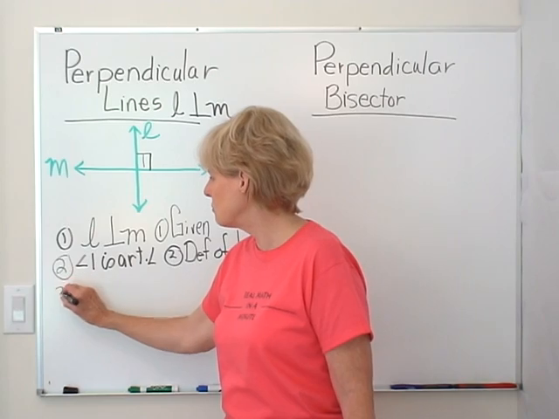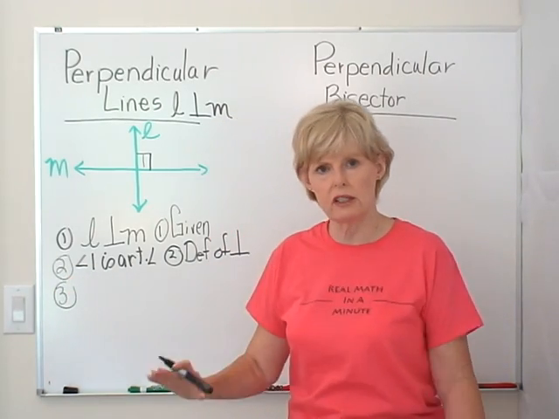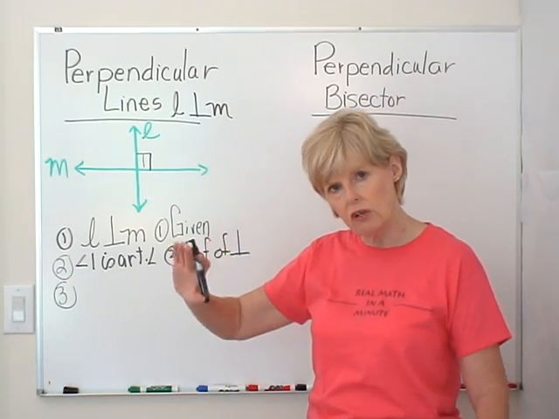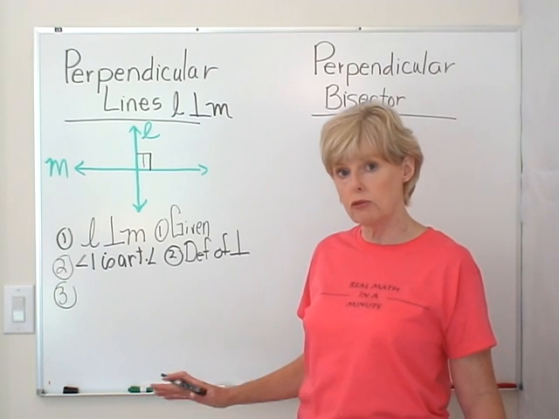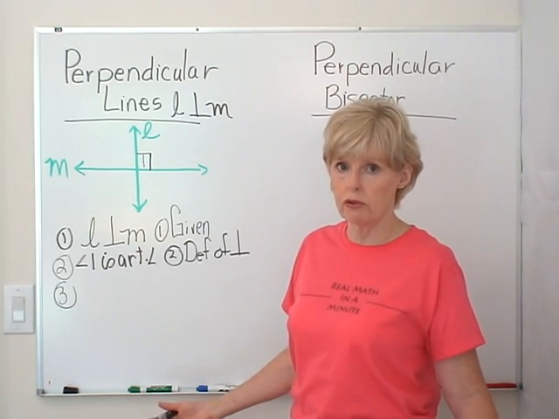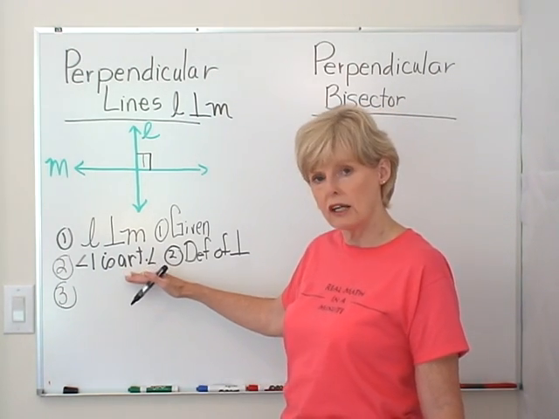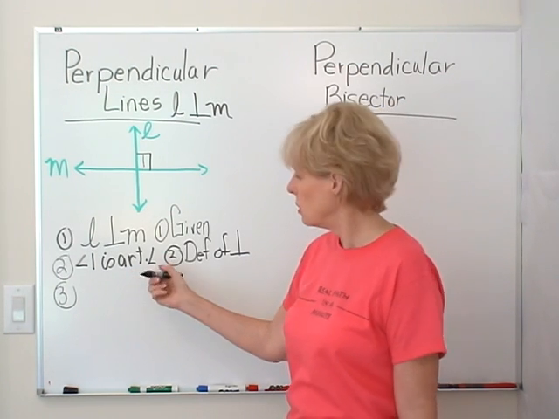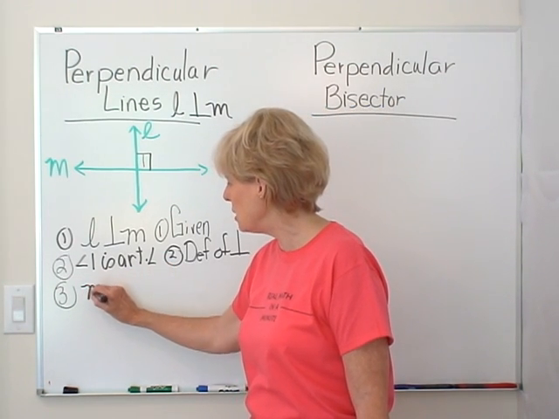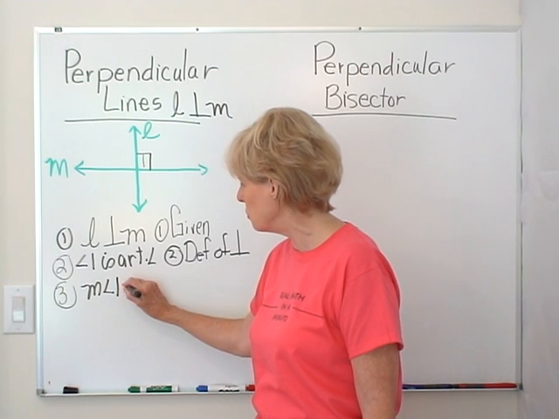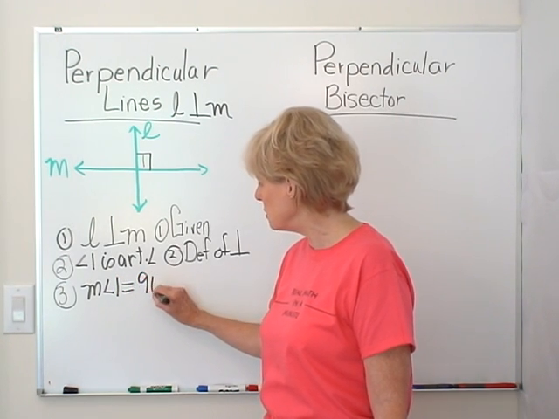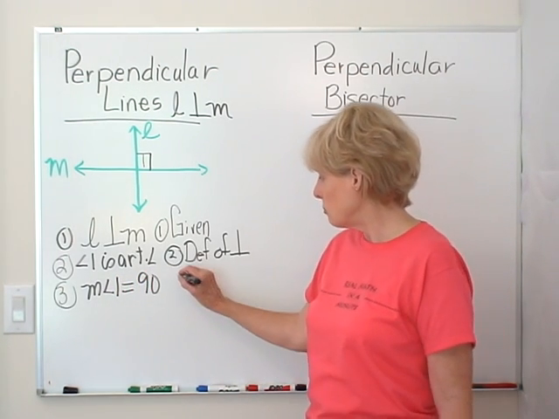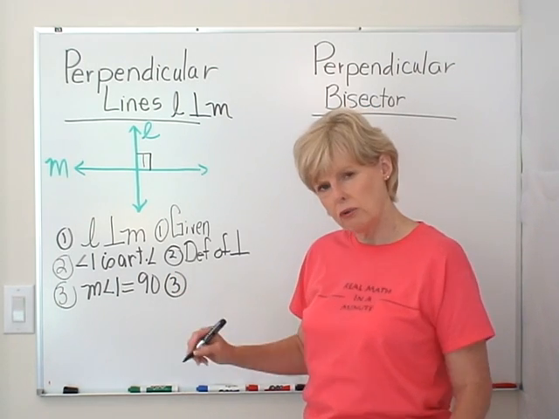And then our next logical thinking step, the way we want to start logically thinking our way through the problems or the proofs, is if we have a right angle, then we already know that that angle has a measure. So the measure of angle 1 would be 90 degrees. And we know that, and again, we put over here, how do we know that?